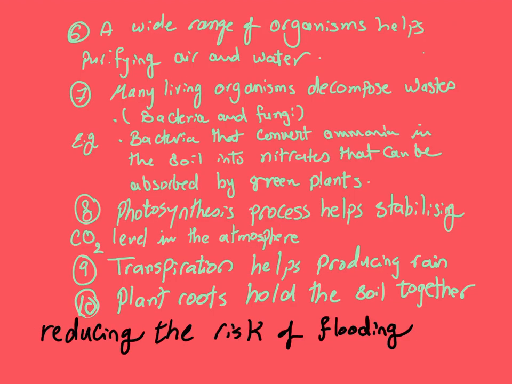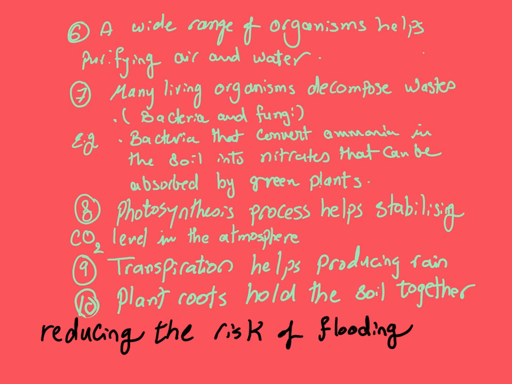We're still summarizing why studying biodiversity is very important. We are continuing with the reason why the range of organisms helps in purifying air and water, which is very important for human beings. Many living organisms decompose waste, like bacteria and fungi.